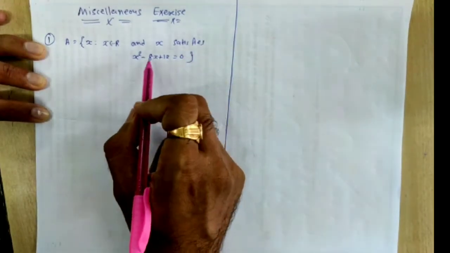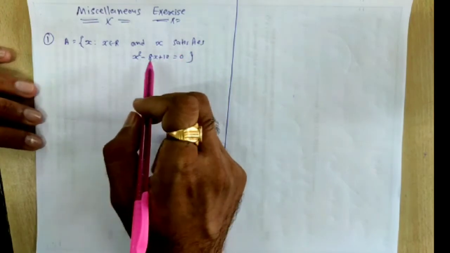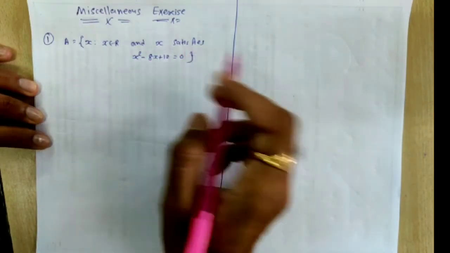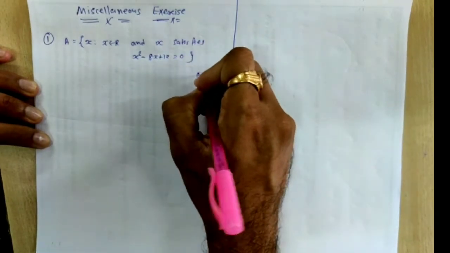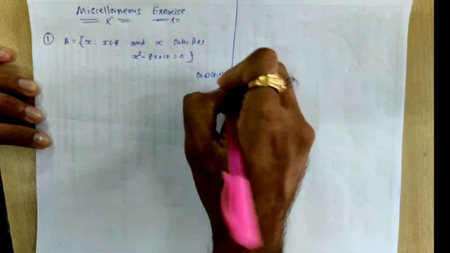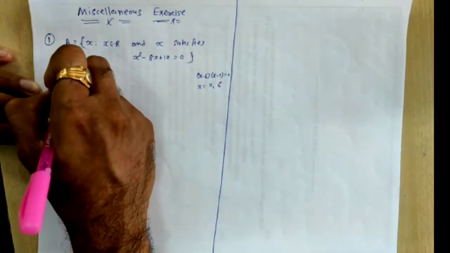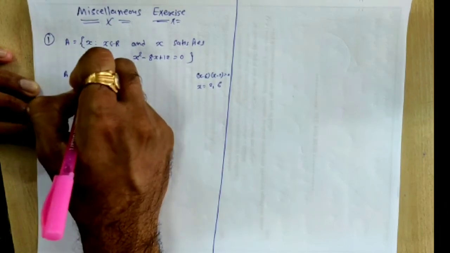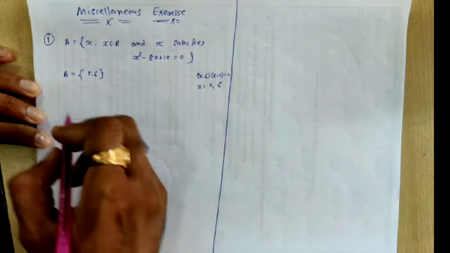That means x satisfies this equation. X satisfies this equation means x is the solution of the given quadratic equation. So what is the solution of this? It's x minus 6, x minus 2 equal to 0. So we are getting x equal to 2 or 6. So elements of set A are 2 and 6. These are the elements of set A.